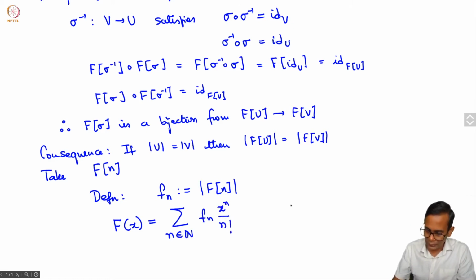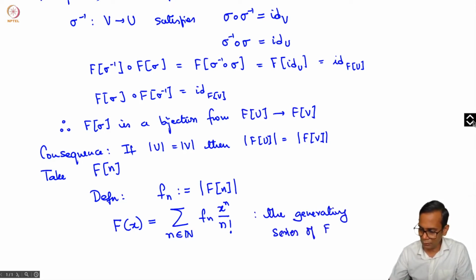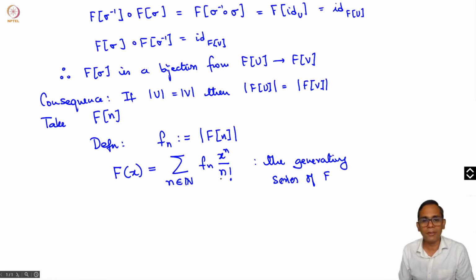And this here is called the generating series of the species F. This kind of generating function with an n factorial in the denominator is called an exponential generating function, and this is particularly well suited to the theory of species, as we shall soon see.